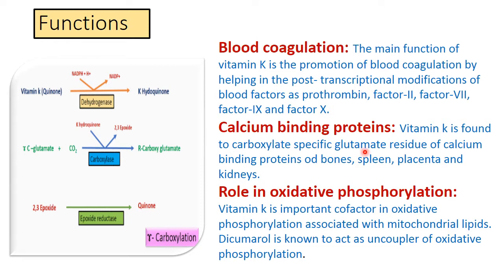Now calcium binding proteins. Vitamin K is also found to carboxylate specific glutamate residues of calcium binding proteins, which are found in bones, spleen, placenta and kidneys. It also plays an important role in oxidative phosphorylation.